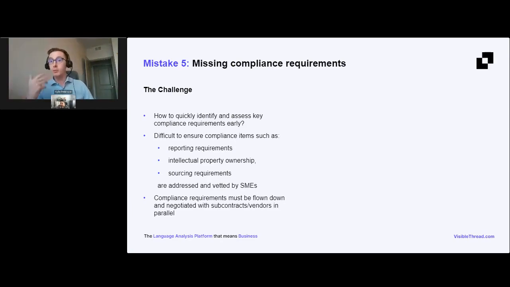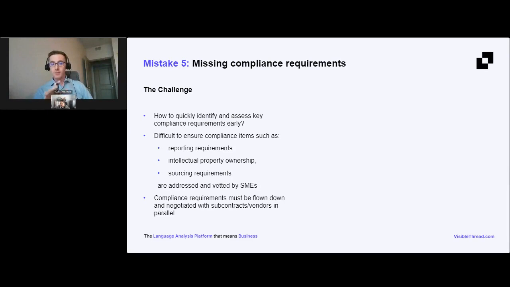Reporting requirements. What are we reporting? On what kind of cadence? What kind of data do we need? Intellectual property, really important for those in the design space. How is an effort being funded? What IP are you bringing to the table? What's being developed? Sourcing requirements. Where are you obtaining your materials and services? This is taking on increased importance right now with current events.